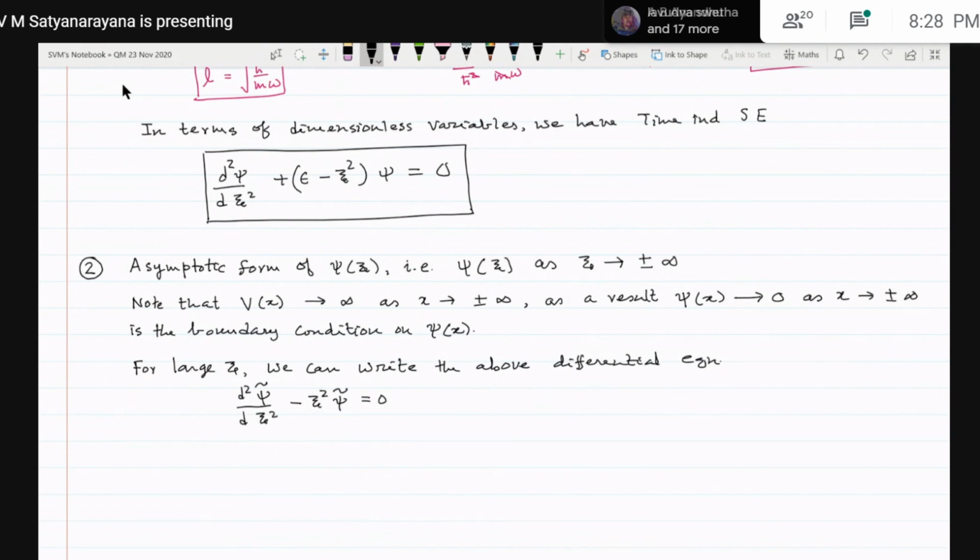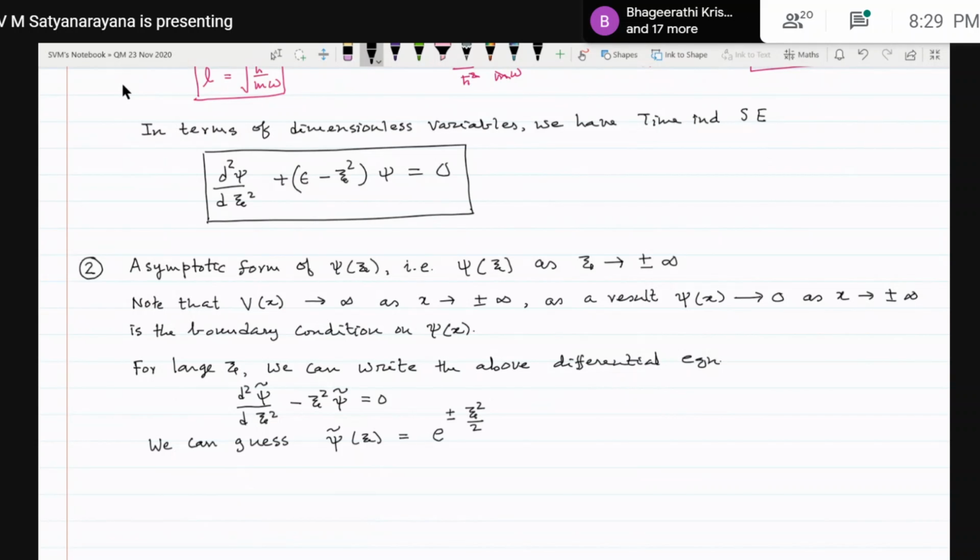Okay, so we have to ask a question: what kind of solution does this have? For example, one can guess, so we can guess psi tilde of xi to be e to the power plus or minus xi square by 2.